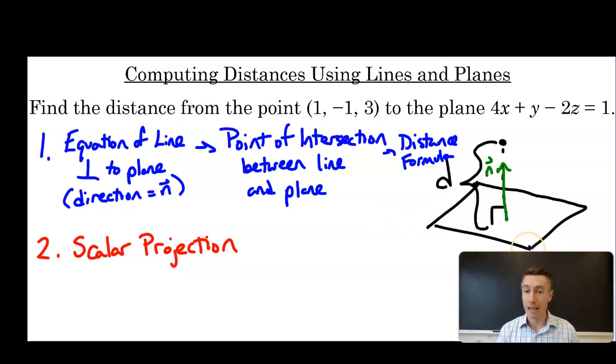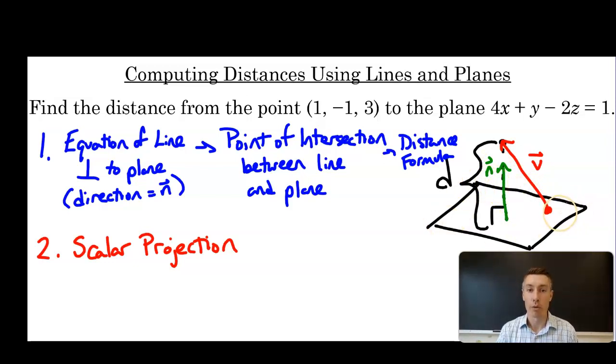A plane is really just a collection of points. So if we can find one point on the plane and then create a vector from the point on the plane to the point in space, we'll call that vector v, and we can project vector v onto the normal vector. And the nice part here is there are an infinite number of points that we can choose.